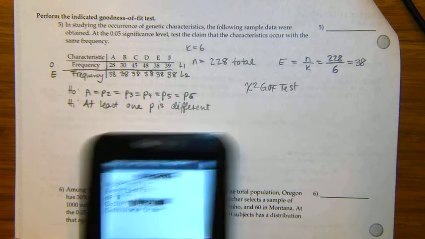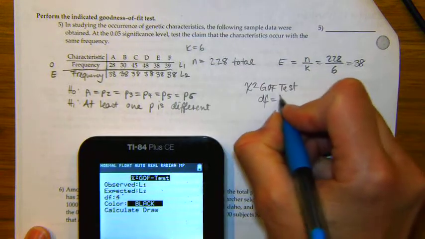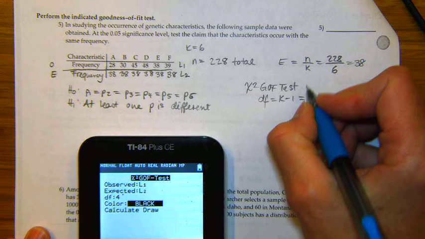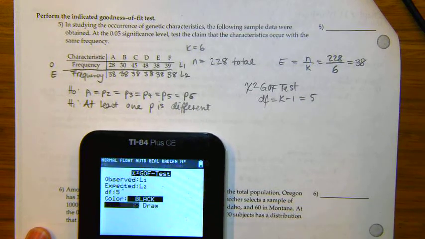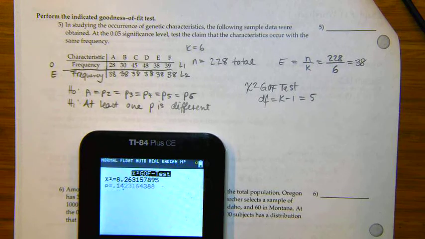Our degrees of freedom is equal to K minus 1. So K is 6, so degrees of freedom, change that to 5. And then hit calculate. Okay, so this gives us our chi-square test statistic. It gives us a p-value, gives us our degrees of freedom.